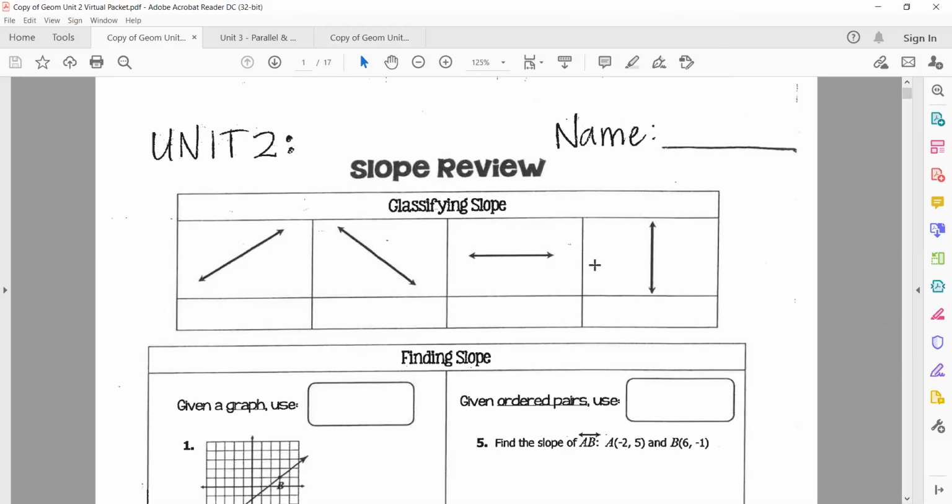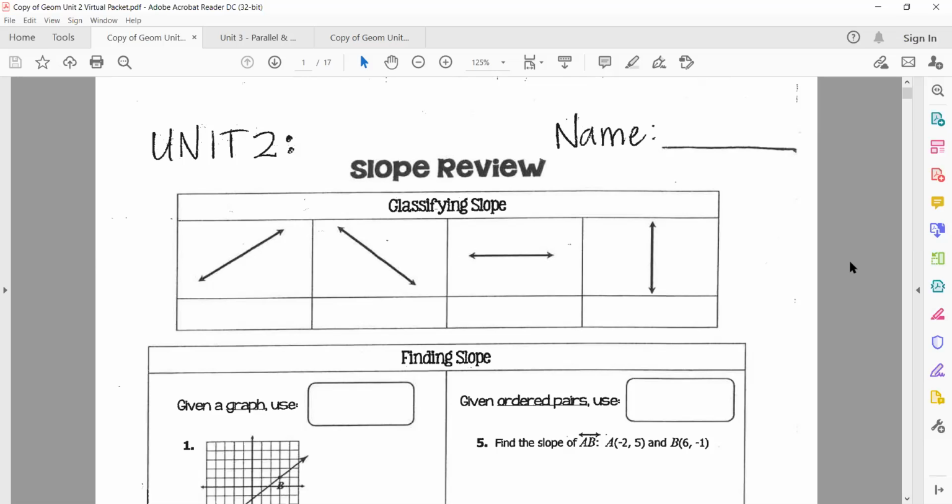So right off the bat here, with this slope review, you see 4 different lines. Up to the right, up to the left, a flat horizontal line, and a vertical line. You guys remember how slope works for those?